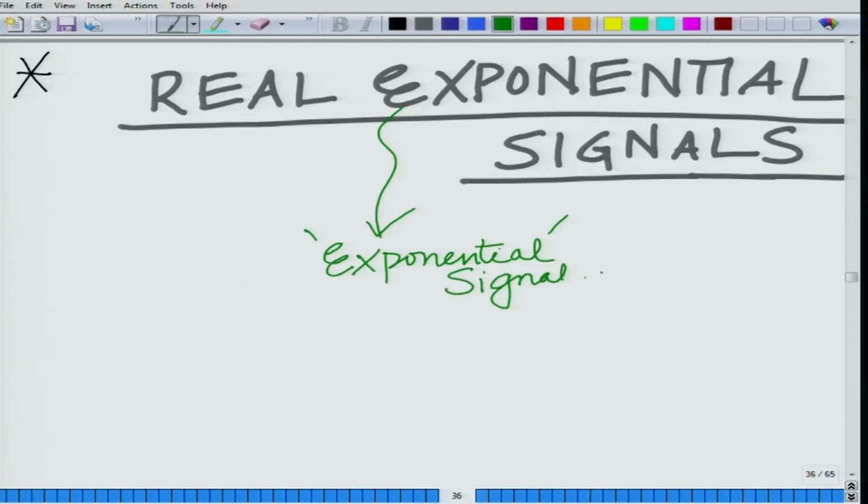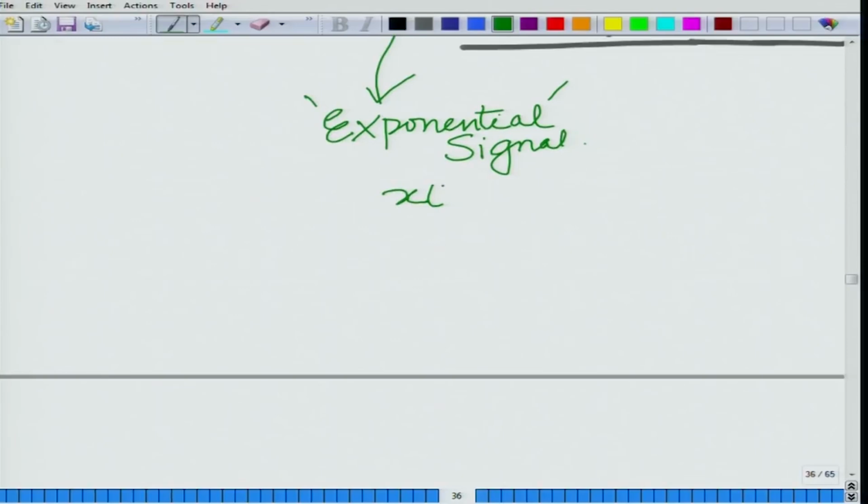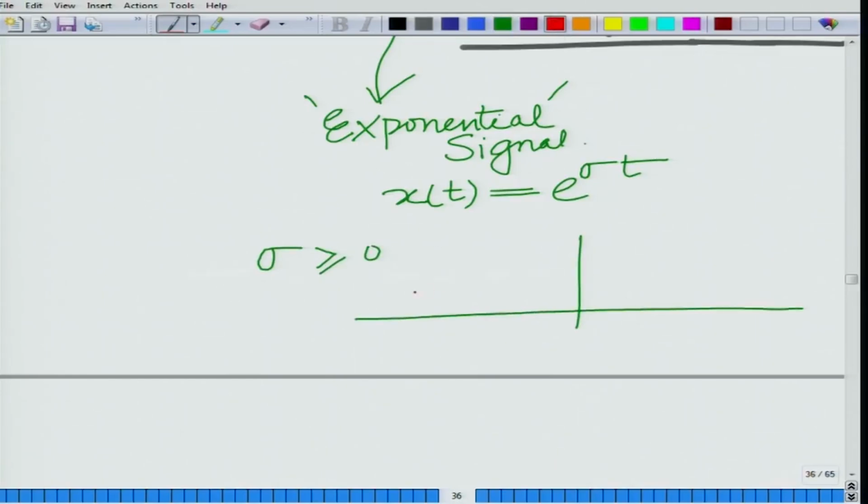signal, which is of the form x of t equals e raised to the power of sigma t, and if sigma is greater than or equal to 0, it is increasing.